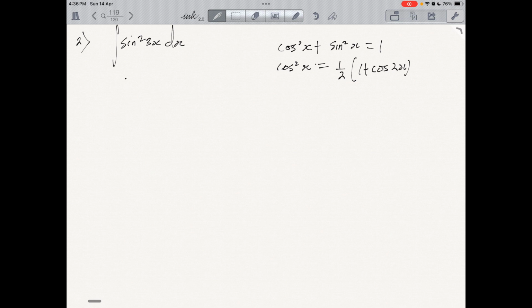Now we can find an expression for sine square x. Sine square x now will be 1 over 2 into 1 minus cos 2x.